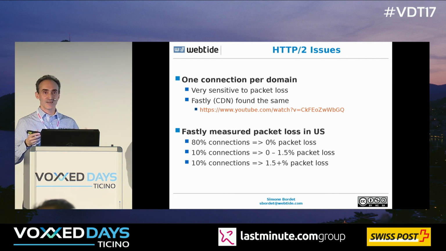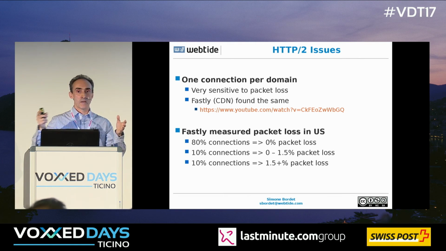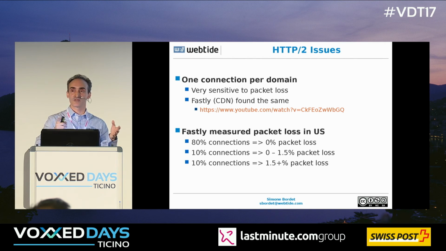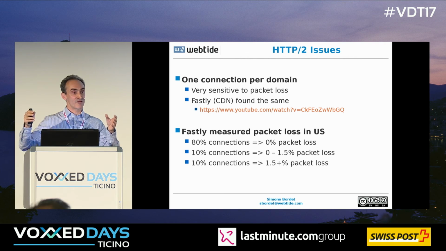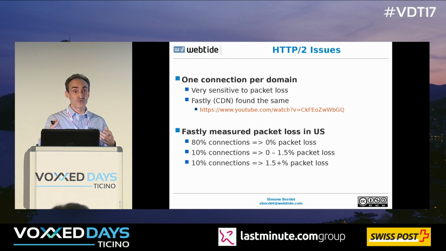Now, suddenly, you have failed 20 requests, while in HTTP 1.1, you had 6 connections, maybe 1 experienced packet loss. You still have 5 good requests that will come back, and you just lost 1.